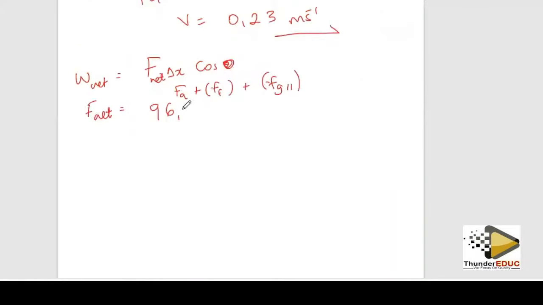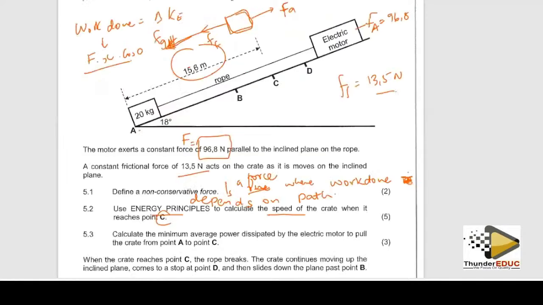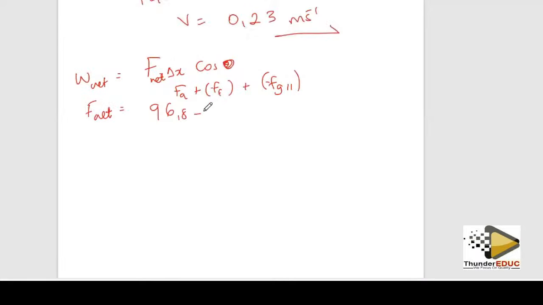So this is 96.8, minus, they say the frictional force was 13.5. I'm not changing that. And then minus FG parallel. Remember, FG parallel is given as mg sine of the angle of inclination, which is 18 degrees in this case. So it's going to be 20 times 9.8 multiplied by the sine of 18. I'm just looking for the F net.